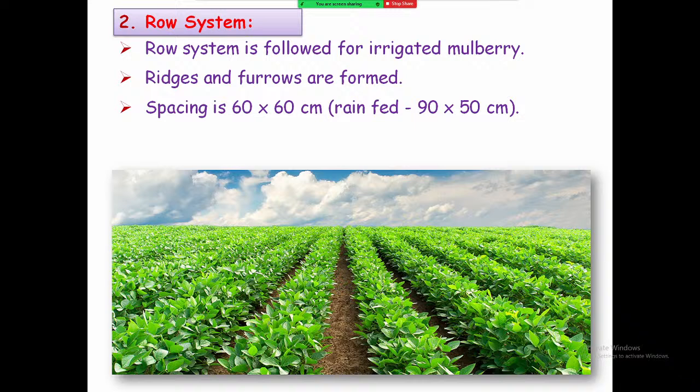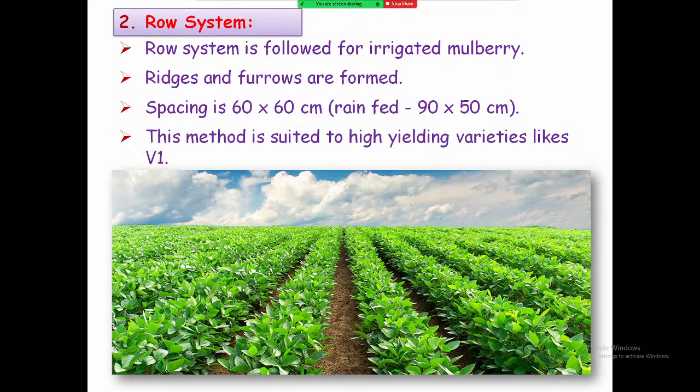Or when you use this system for rainfall conditions, then here 90 into 50 centimeter, means the row to row distance is 90 centimeter and plant to plant distance is 50 centimeter. Then this method is particularly used for the planting of high yielding varieties like V1. Okay. So this is the row system.